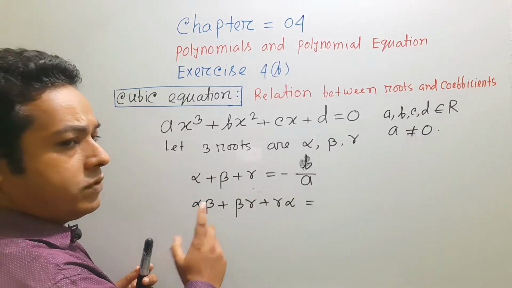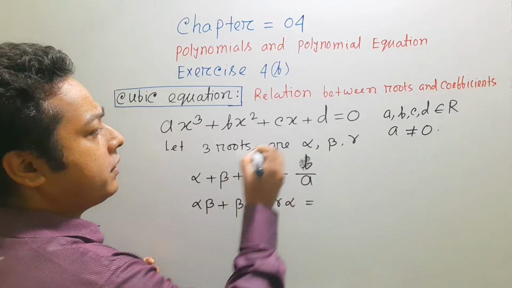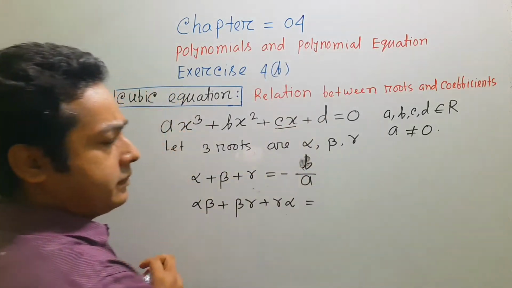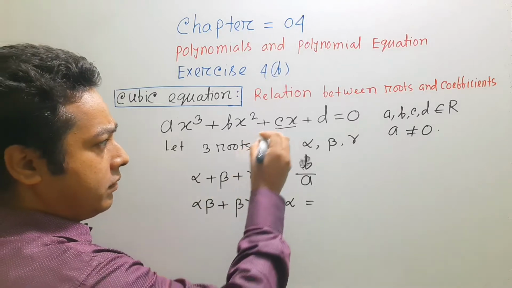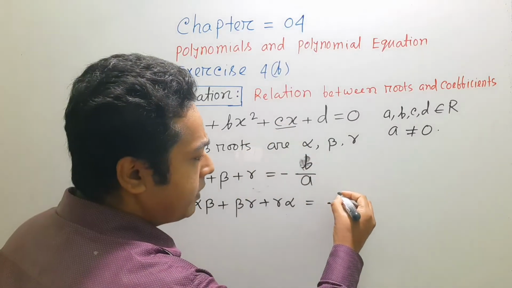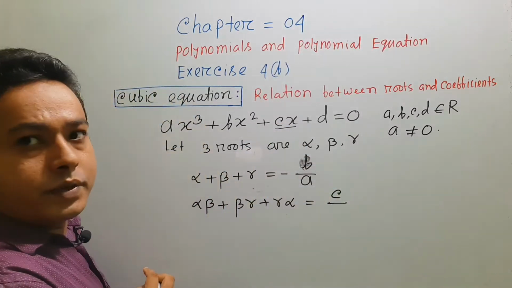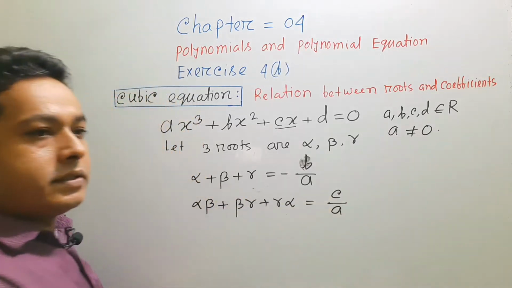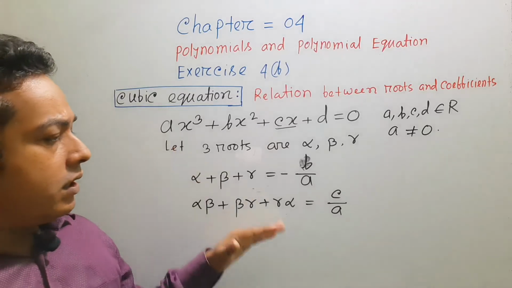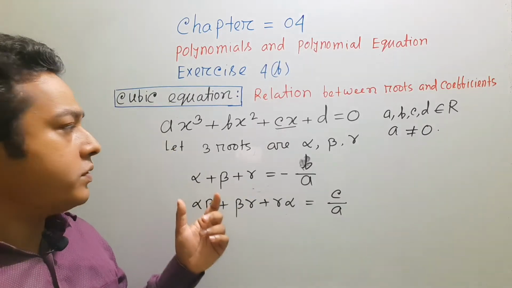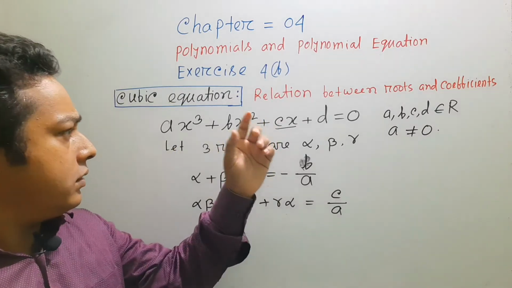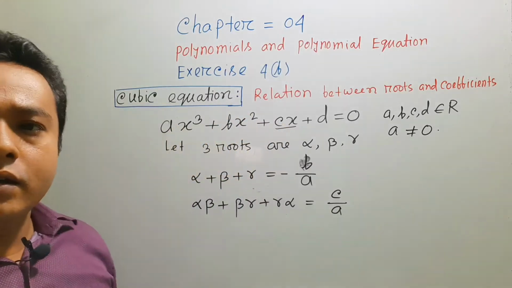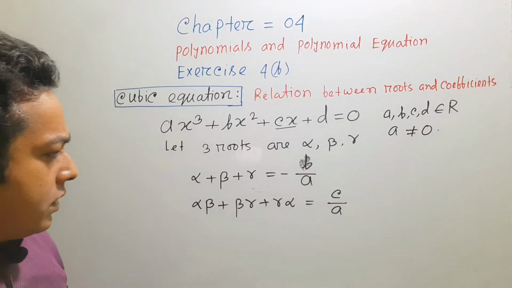Now for the sum of roots taking 2, the next term is c, and its coefficient is divided by the first term coefficient, which is a. For each case, we always divide the respective term coefficient by the first coefficient.